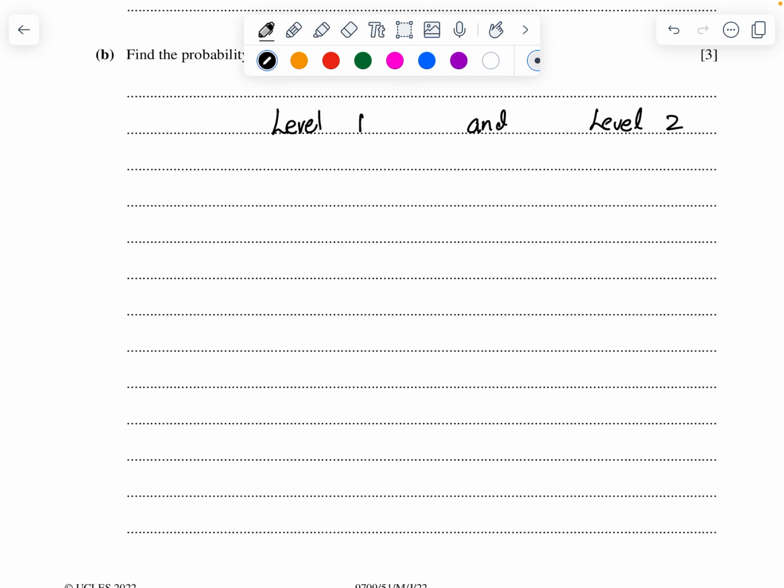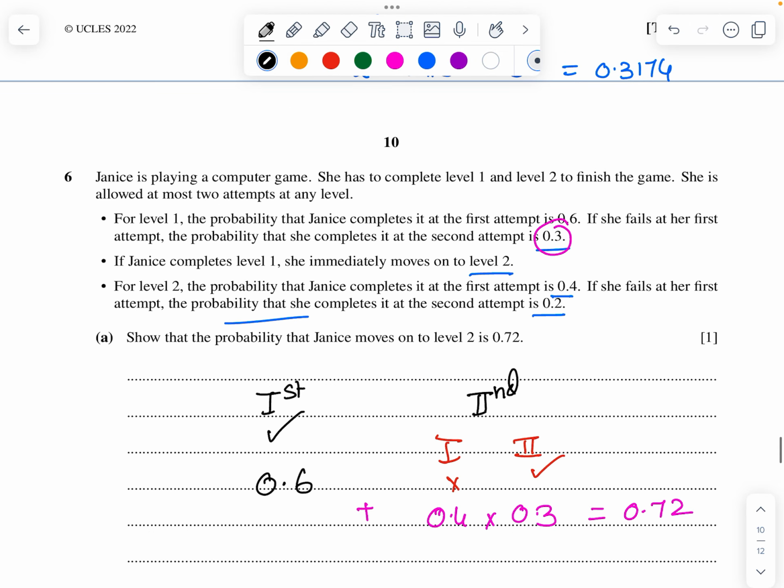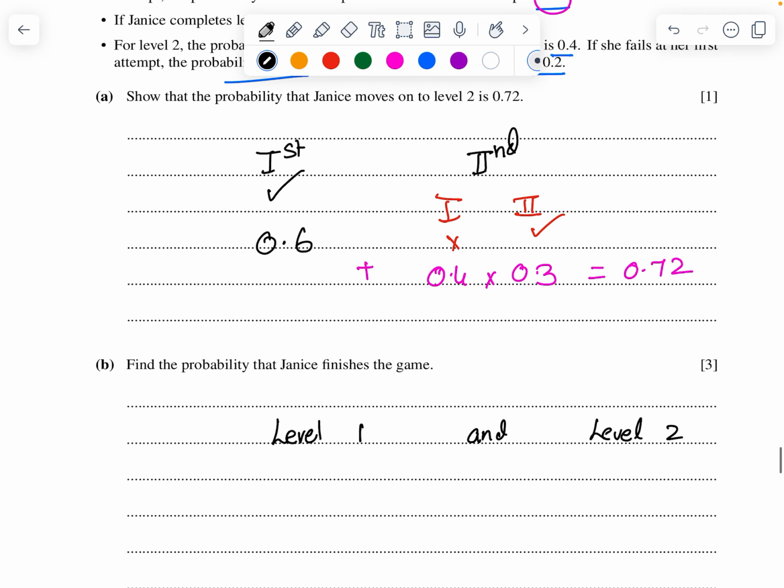So what is being done over here? For level 1, the probability that she completes at the first attempt is 0.6. She fails the attempt, and the probability that she completes it at the second attempt is 0.3. So she completes the first level. First level completion is already 0.72.